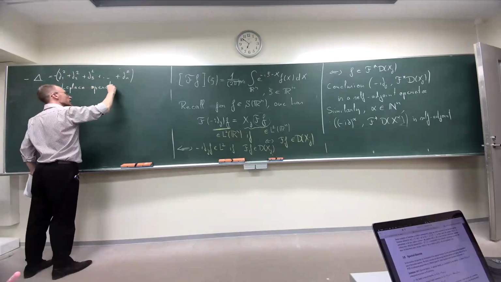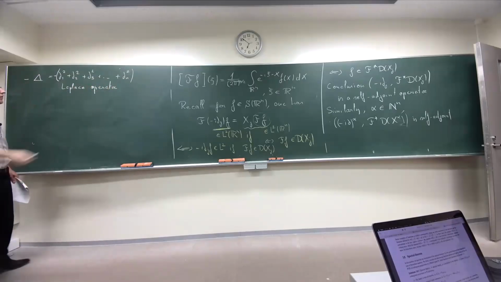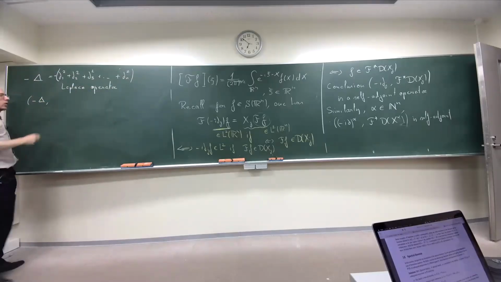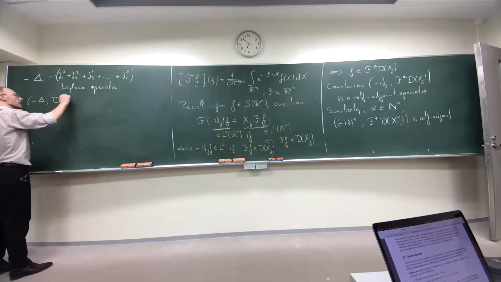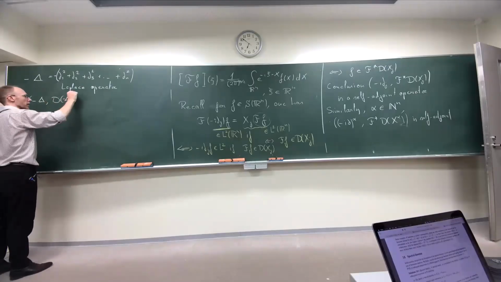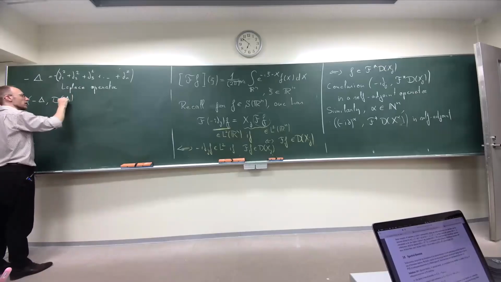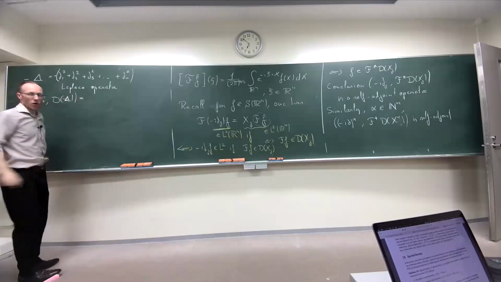Then what is the domain? We would like to define minus Laplacian on a domain. What is the natural domain of the Laplacian or minus Laplacian? The domain doesn't see the minus sign. Think about it.